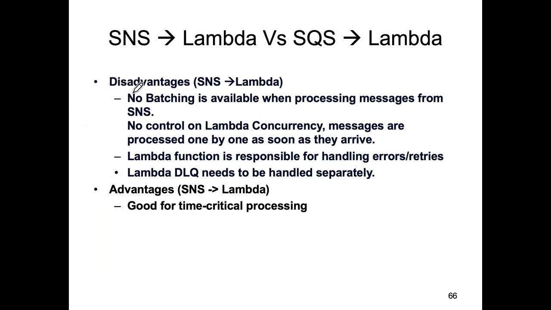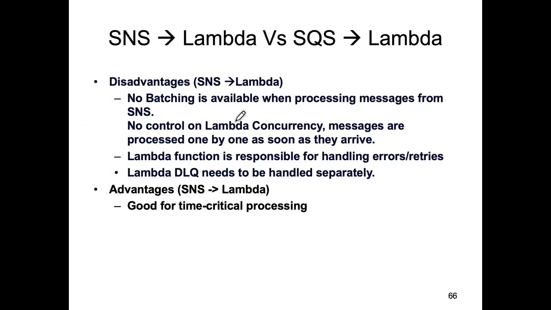The disadvantages: there's no batching going on. So that could be a problem if there is a high volume of messaging entering into our SNS topic. And because there's no batching, you've no control over the Lambda concurrency levels, which we can control, if you remember, when we're using Lambda with SQS.